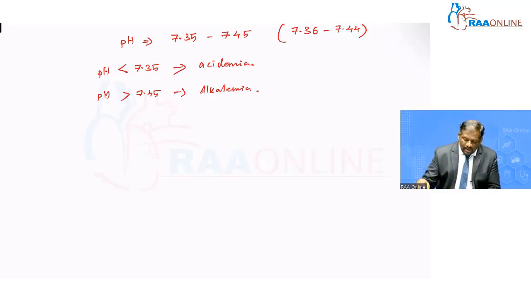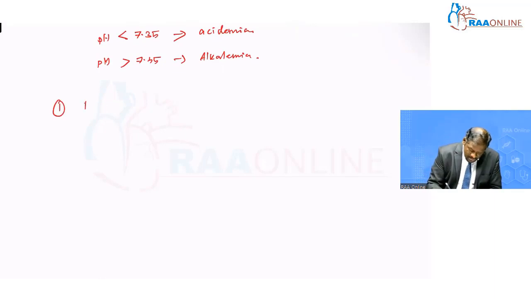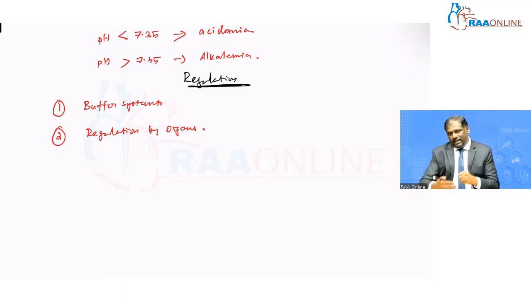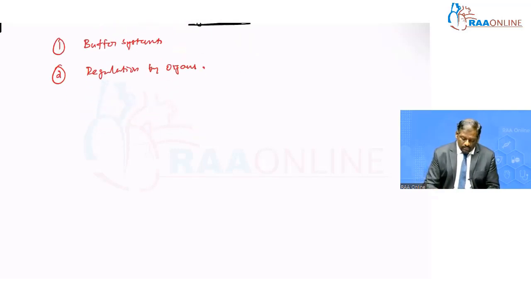We have different systems which help to maintain the pH within this narrow range. Clear? The first is regulation by buffer systems, and the second is regulation by the organs. We'll see them one by one now.